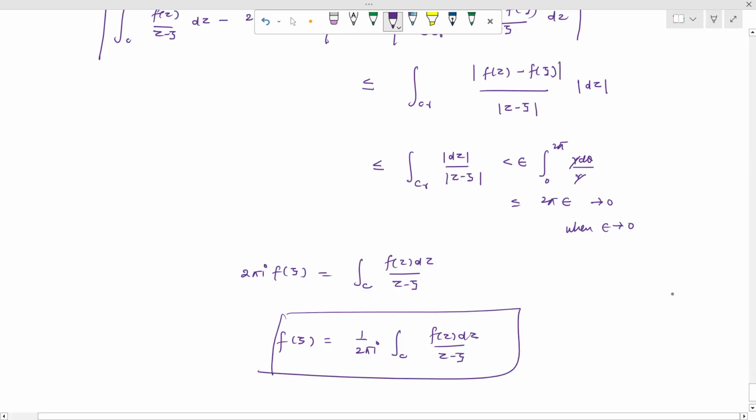So this is the proof of the Cauchy integral formula. This formula we will use when function f(z) is analytic and zeta is any point which lies inside the circle C, then f(zeta) equals 1 upon 2 pi i times the integration along curve C of f(z) dz upon z minus zeta.